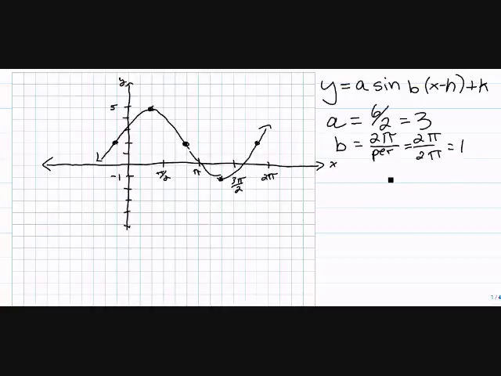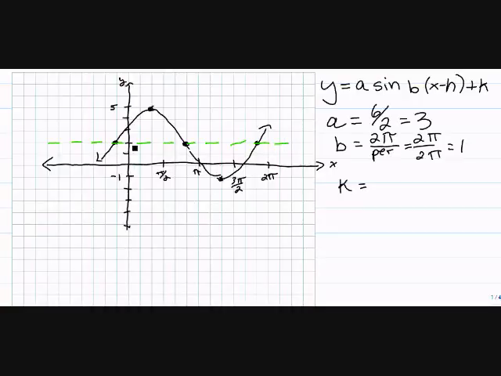Then I get my k. The k in the equation y equals k is called the midline. I look for a horizontal line going through the middle of this curve, and I find it right there. Now I figure out where that is on the y-axis.